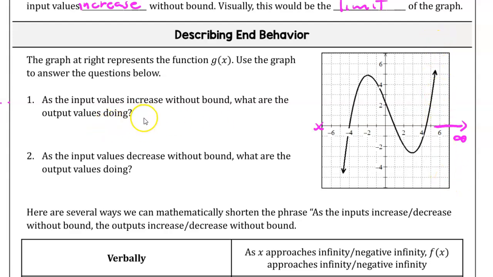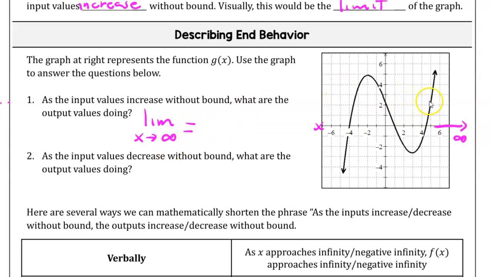The way we actually write this and say it is that if I want to say as x goes forever to the right, we look at the limit as x gets increasingly close to positive infinity. What happens to the y values?